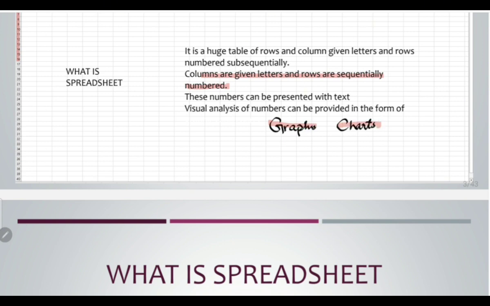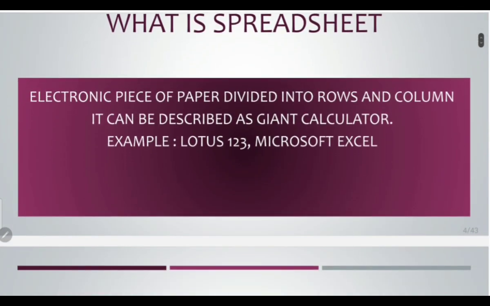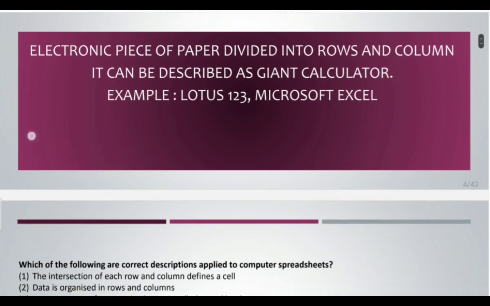Remember, it is only the numbers के जिनका visual analysis graphs और charts की form में present किया जा सकता है. Spreadsheet को ऐसे भी define किया जा सकता है that it is an electronic piece of paper divided into rows and columns, and it can be described as a joint calculator. एग्जाम्पल में इसकी आ जाती हैं लोटस 1 2 3 and Microsoft Excel.